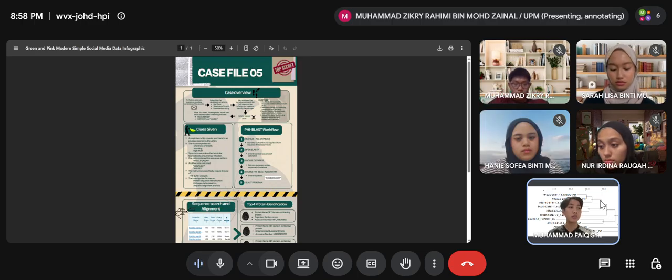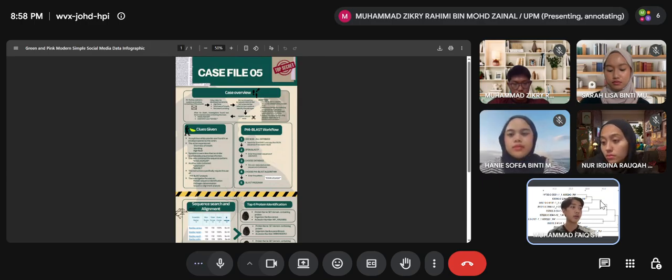And we are instructed to use BLAST to analyze the clues given and to find out the pathogen that is responsible for the cause of his death. Using BLAST, we search for the accession number and we copy the FASTA result to BLASTP.